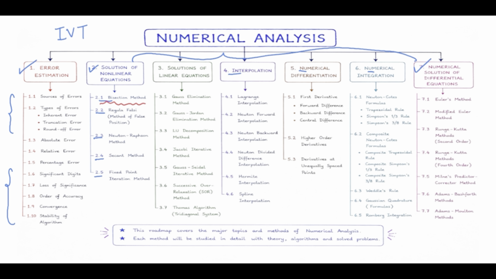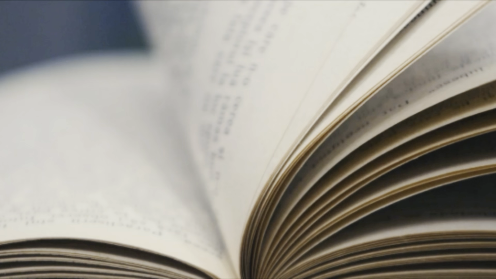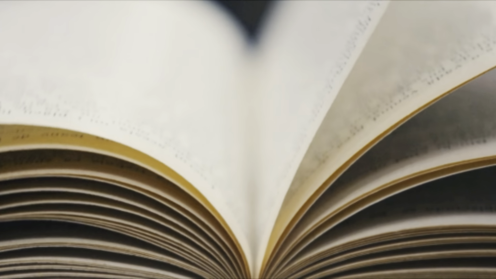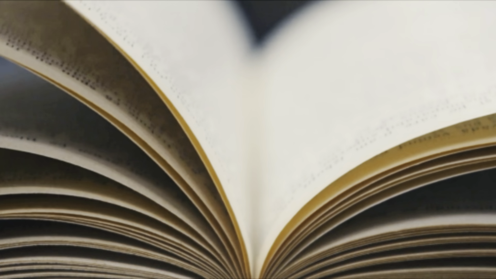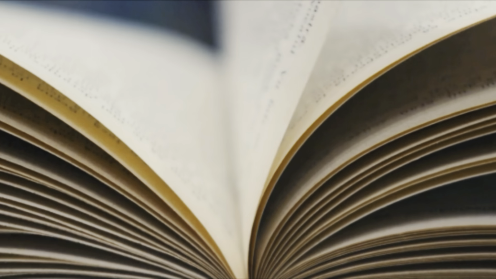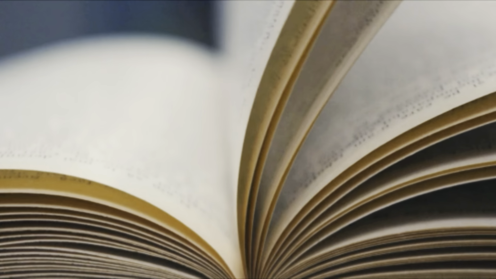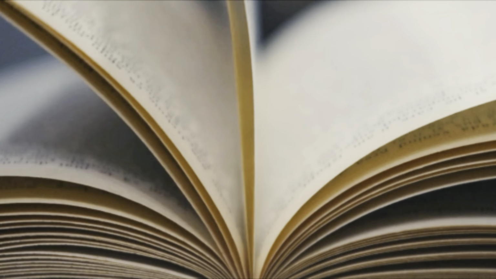So let me ask you a very simple question. Suppose I ask you to find page number 756 in a 1000-page dictionary. Would you start from page 1 and check every page one by one? Of course not. Most of us naturally open the book somewhere near the middle.